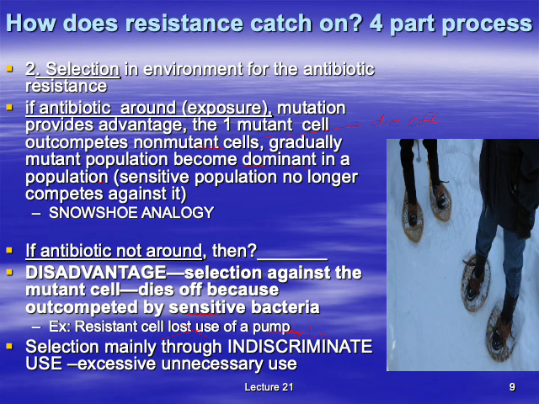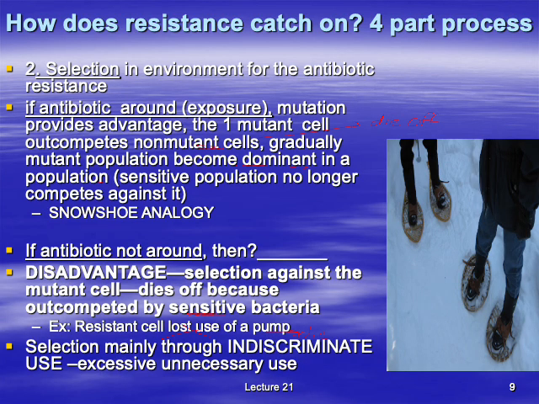Okay? So when you say selection now, what do you mean by selection in the real world, not snowshoe feet, Jeff? Well, selection for resistant bacteria is the presence of the antibiotic. But it's usually the presence of the antibiotic due to indiscriminate use, meaning the antibiotic is around in the environment when it shouldn't be.